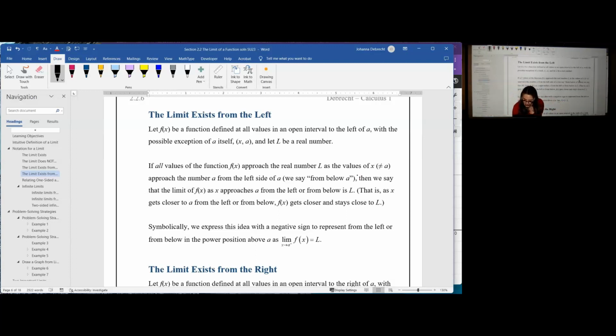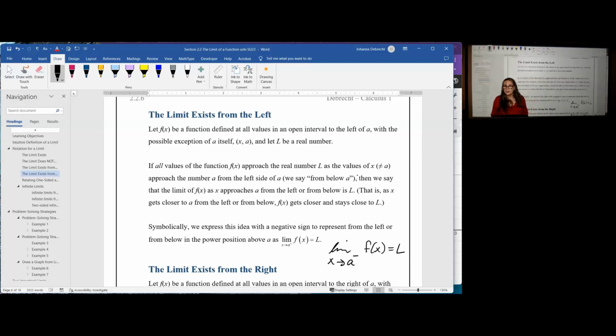Now notice in the notation here that we are using a negative symbol in the power position to indicate that we are approaching a from the left side, from the negative side, right? Negative is to the left. So we write x approaches a, and in the power position put a negative to indicate from the left.